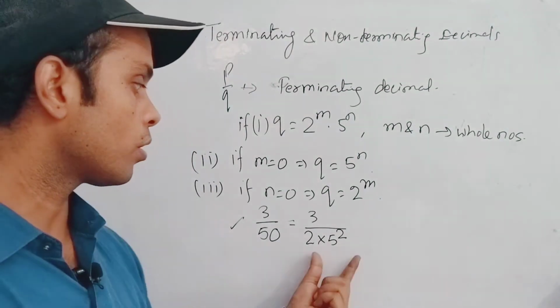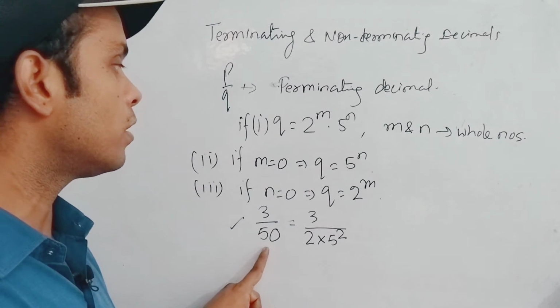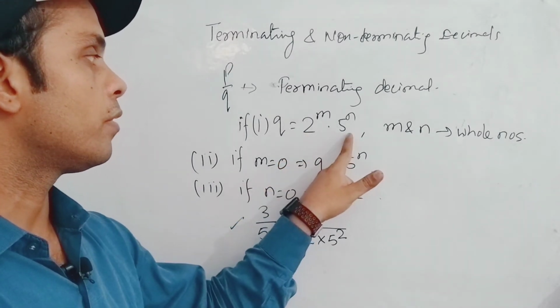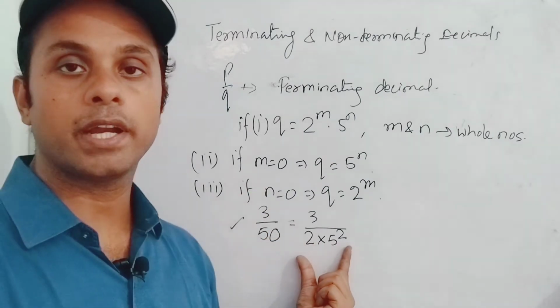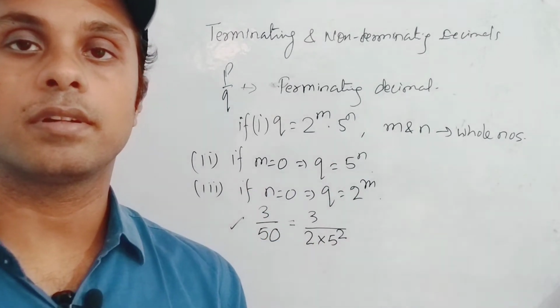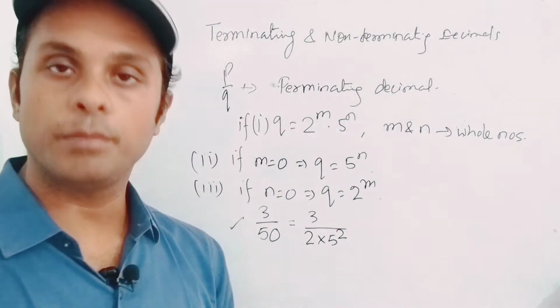Now look, the prime factorization of the denominator contains only 2 and 5 as prime factors. So this is terminating.